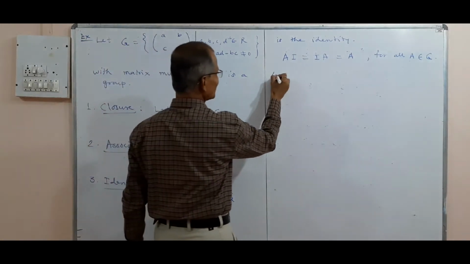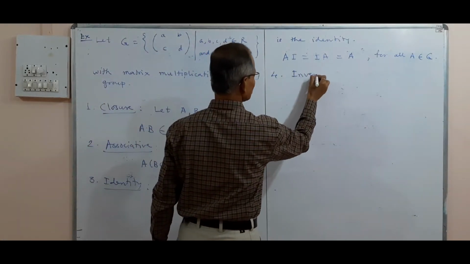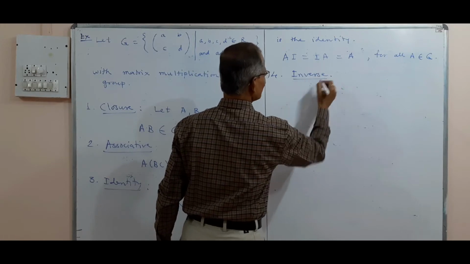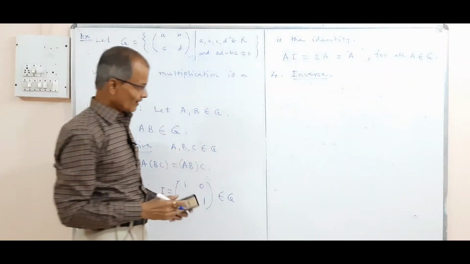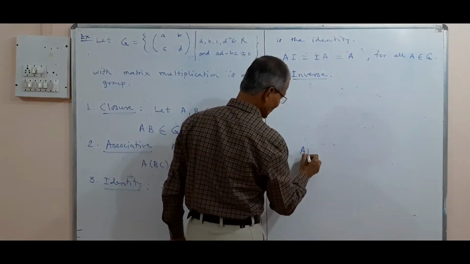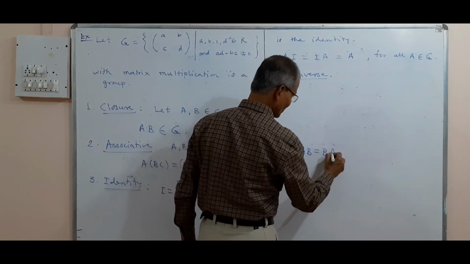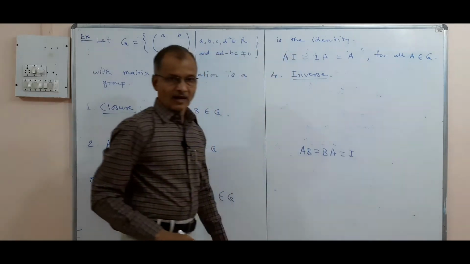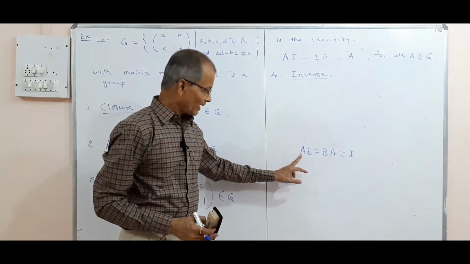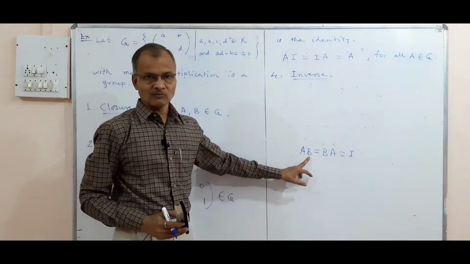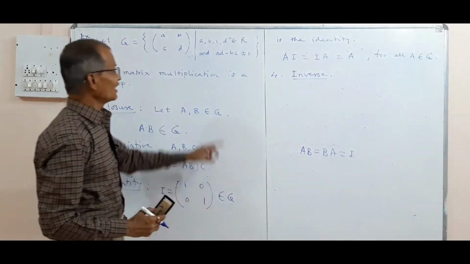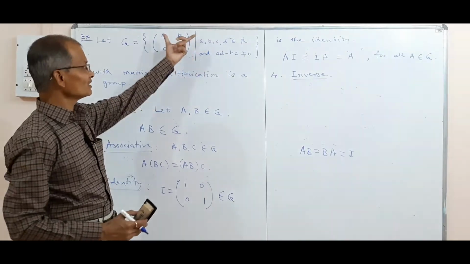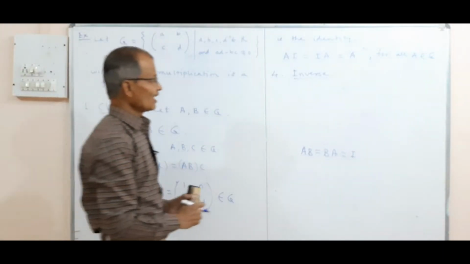What is remaining is the inverse. What is the condition for existence of an inverse? We know that B and A are inverses of each other if AB is equal to BA is equal to I. And for a matrix A, this matrix B, which is the inverse of A, exists if A is non-singular. And that is the condition here. Non-singular means its determinant is not equal to 0.